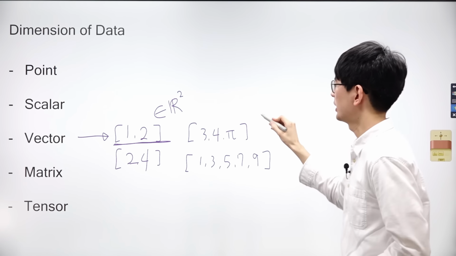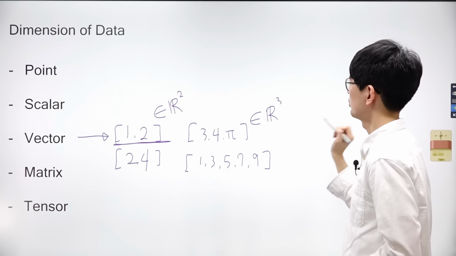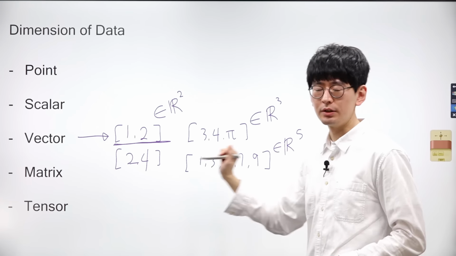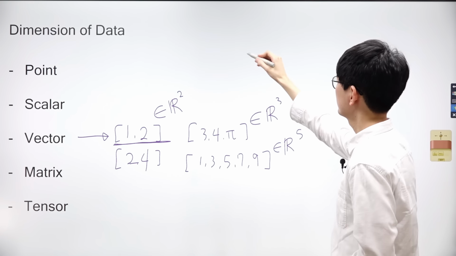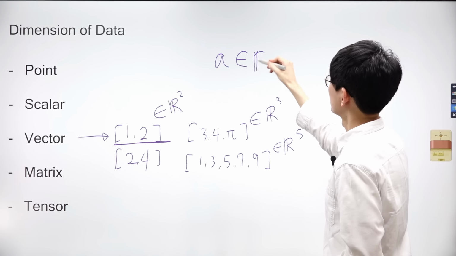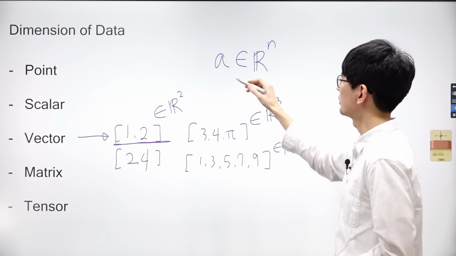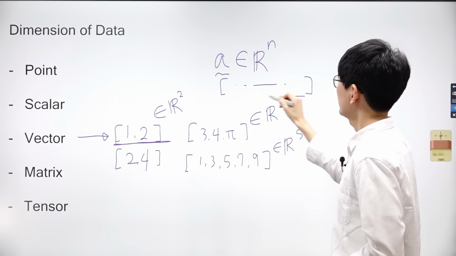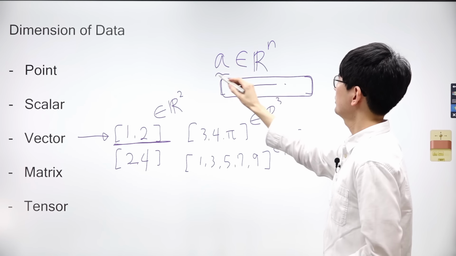Since there are 2 real numbers, this vector is a collection of 2 real numbers. This one is a collection of 3, and this one is a collection of 5 real numbers. So if a vector is an element of R^n, it means that inside the vector, there are n real scalars, or real numbers. That's the correct way to describe dimensions of vectors. So the basic representation of a vector looks like this.